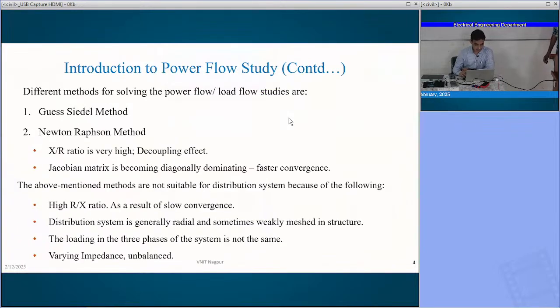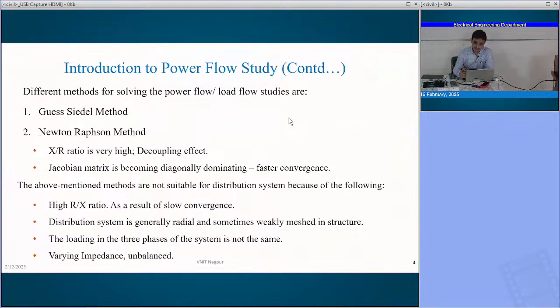So generally, when we go for load flow studies, we use Gauss-Seidel methods or Newton-Raphson methods. But the issue when we talk about the distribution system is that R by X ratio is quite high.